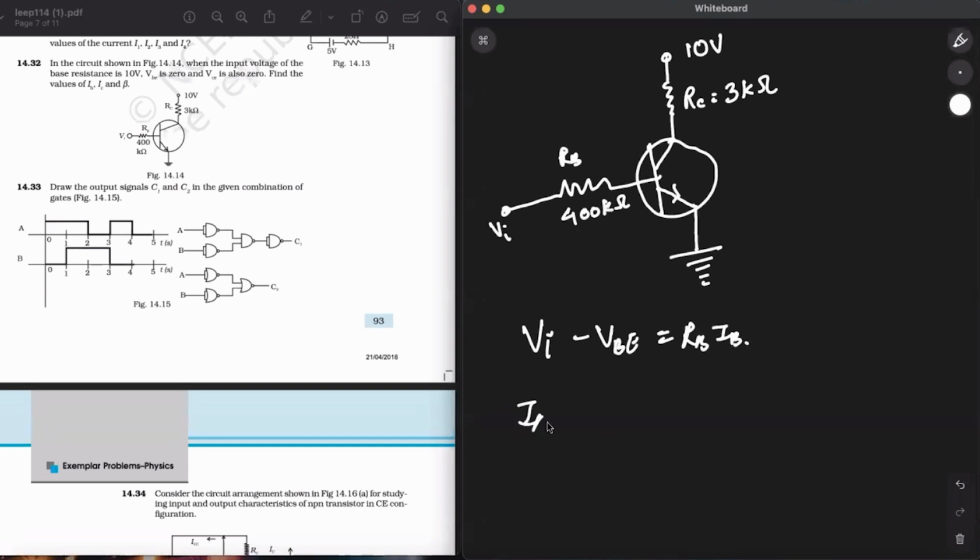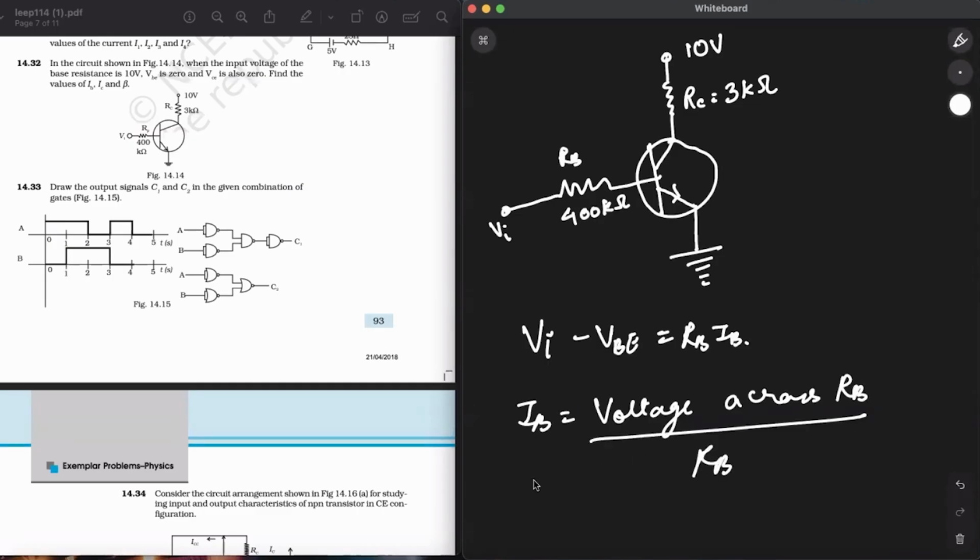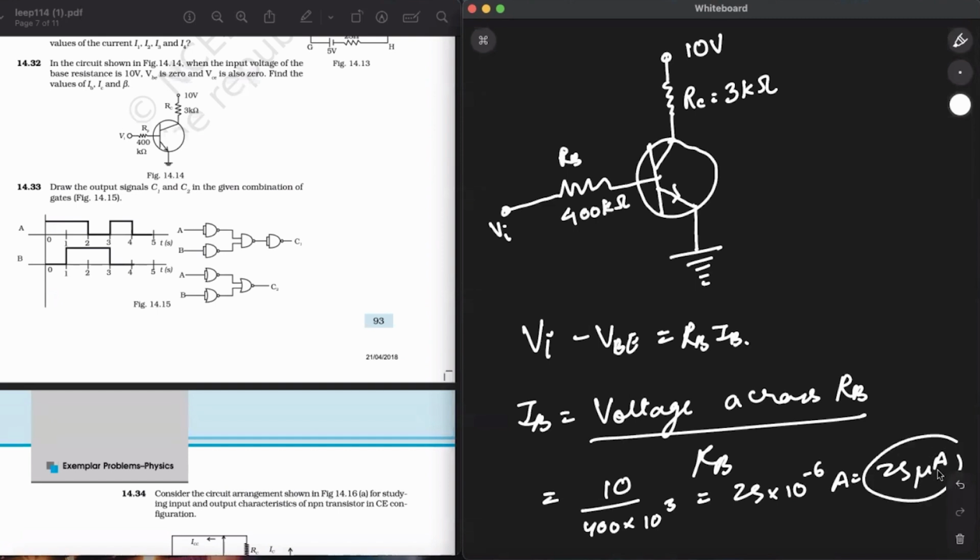And now IB is the voltage across RB divided by RB. Simple. And now if I want to write it, it will be 10 upon 400 into 10 to the power of 3. So it will be 25 into 10 to the power of minus 6 ampere. It will be 25 microampere.